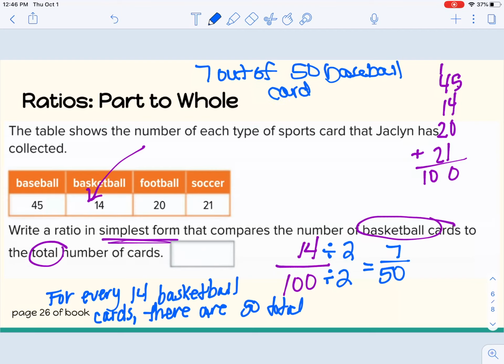Oops, I shouldn't say baseball cards. Just say cards, right? Okay, so there's a couple explanations for what those ratios mean.